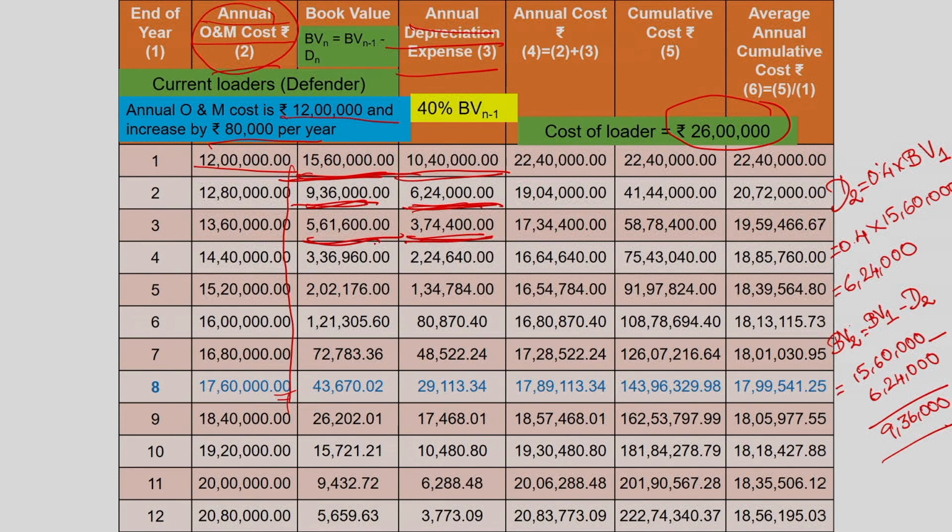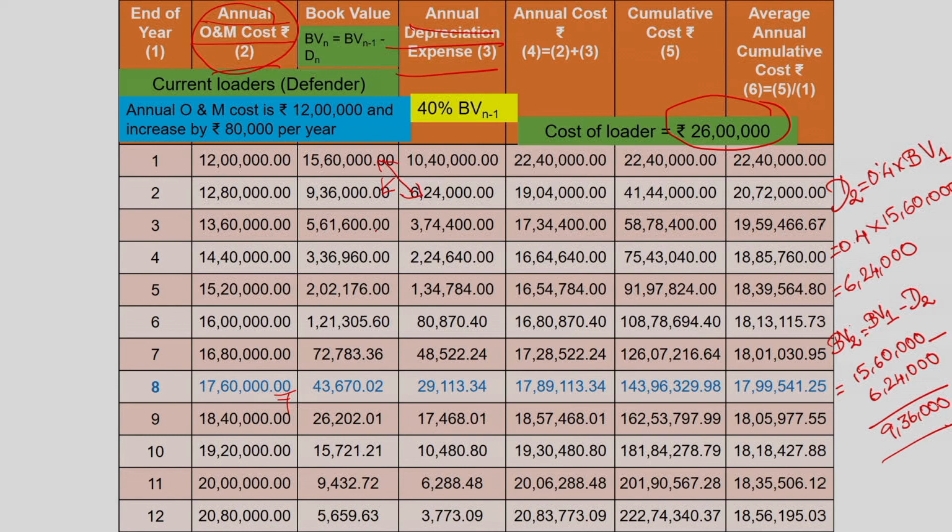This is how you have to calculate the depreciation for every year and the corresponding book value. If you want the book value for the second year, you deduct the depreciation for the second year from the book value of the first year.